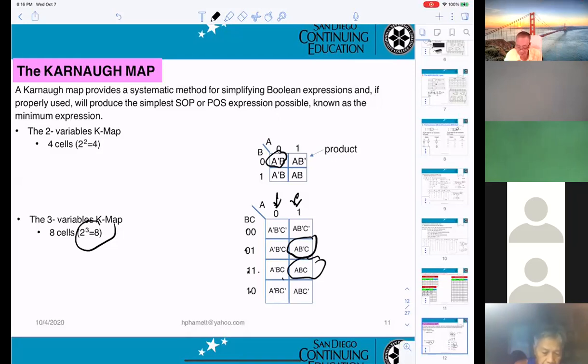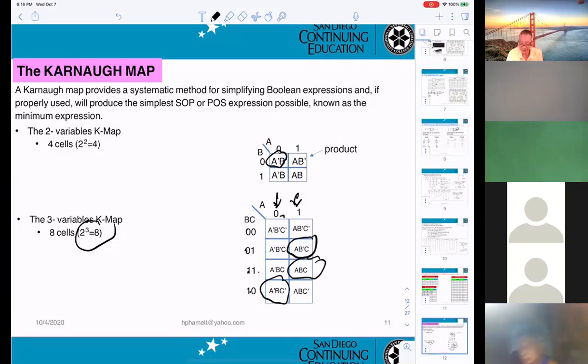Okay, now this one here. A is 0, B is 1, C is 0. Yes, but I need you to tell me: not A, B, and not C. That's what they need you to identify, the product. Okay?